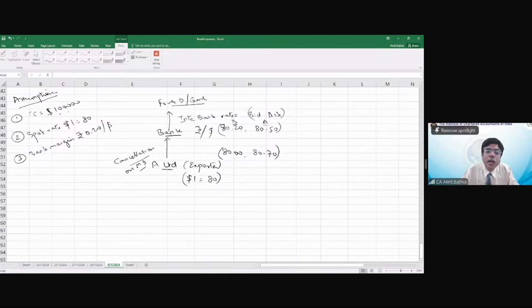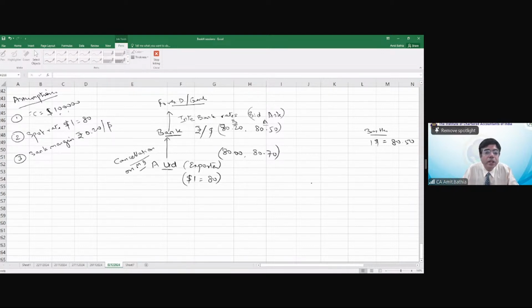So on maturity date, whatever the prevailing rate is, I will need to first of all close my position, right? How do I do that? Bank has to sell to the forex dealer at 80.20, because that is the rate at which they had agreed. Now, say for example, the new spot rate after 3 months, 3 months later, the spot rate is $1 is equal to 80.50.